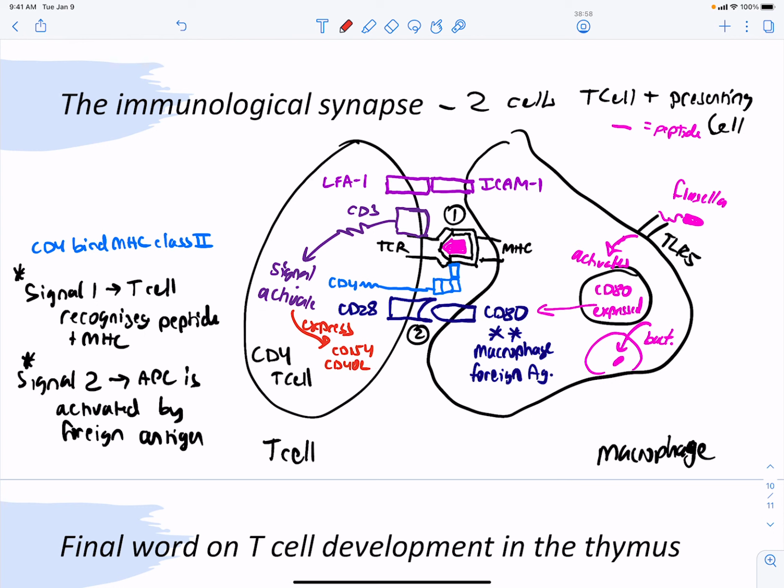Okay, so we'll draw a CD40 ligand as a little box. And your macrophage will have CD40. And they will interact. And this will send a message to your macrophage, and it's called the help message. And the help is going to help the macrophage kill the bacteria.